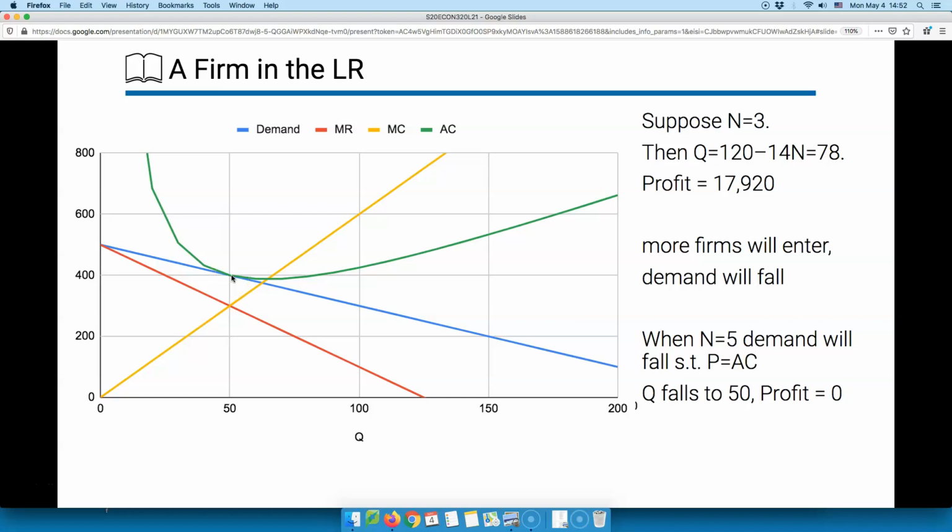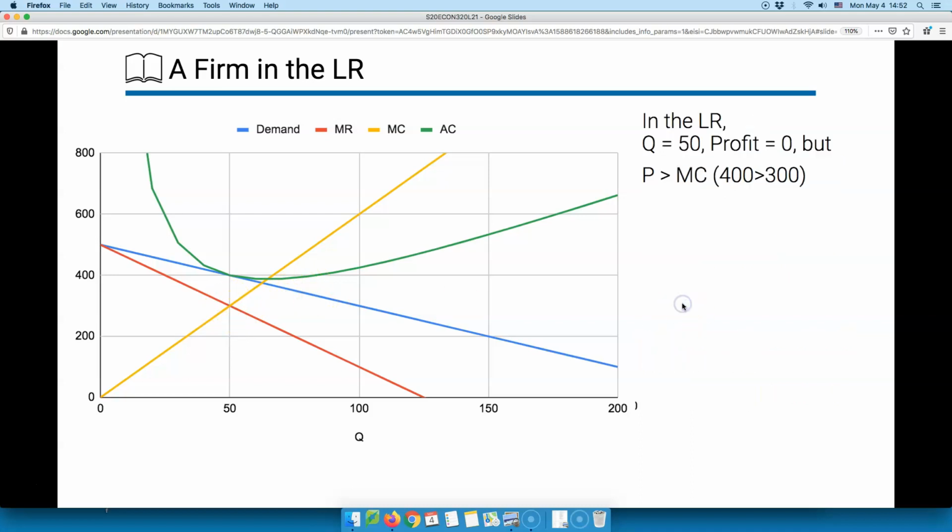So at the optimal output, price and average cost equal to each other, and this is achieved by having demand be tangent to the average cost. But the good news is that in this scenario, you don't need to calculate any slopes. This is automatically achieved for the intersection of marginal revenue and marginal costs.